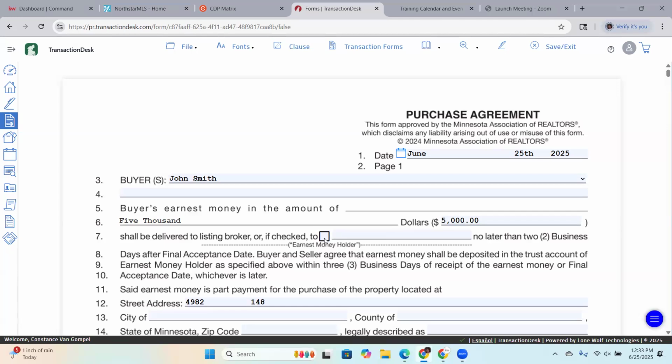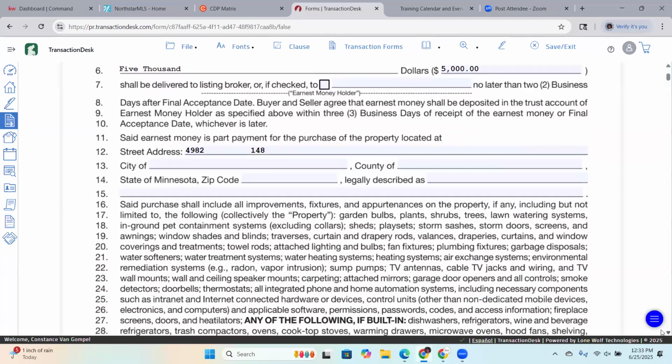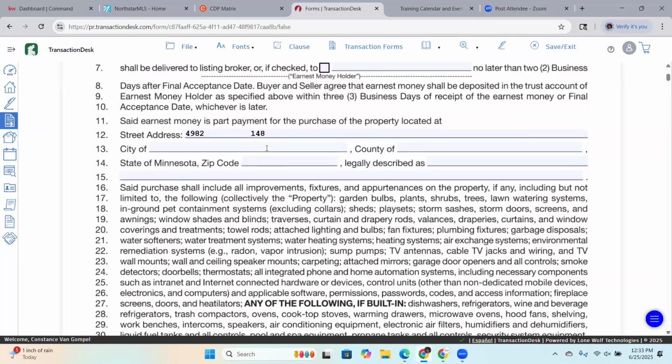Because this is what gives Kelly the right to cash that check. Otherwise you will not check that box. And then, of course, I didn't get the full address in here because I didn't fill it all out, but it would put the city, the county, the zip code, and the legal description.